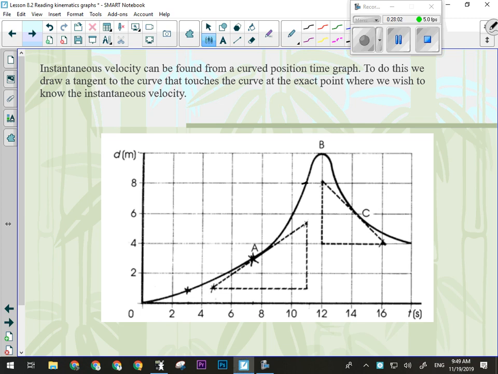It's actually accelerating in exactly the same way all through this part. But what does it do right at the top of B? It stops, and it turns around. All right, what's happening in C?